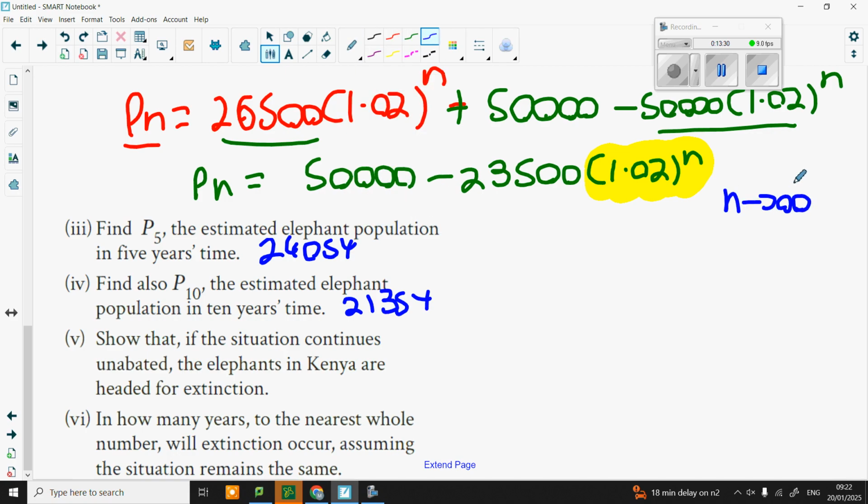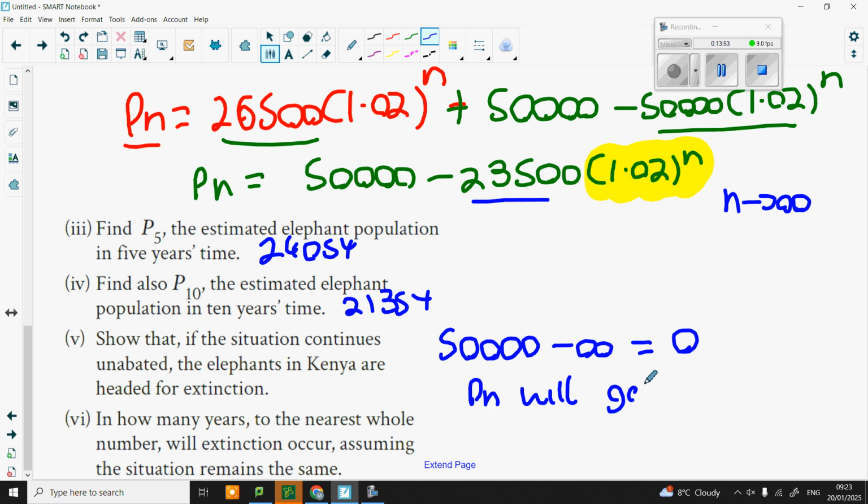As n approaches infinity, 23,500 multiplied by an increasingly bigger number will be 50,000 take away infinity, which means all your elephants are going to die. The elephant Pn will get smaller and smaller, and they will die out.